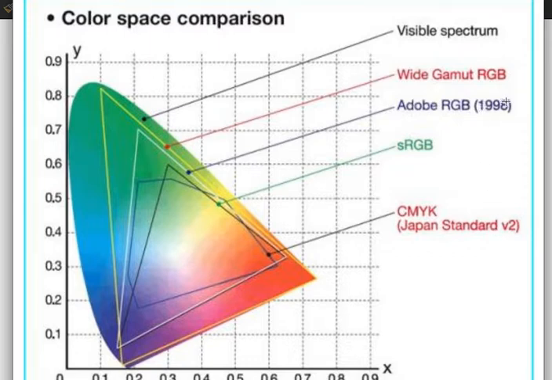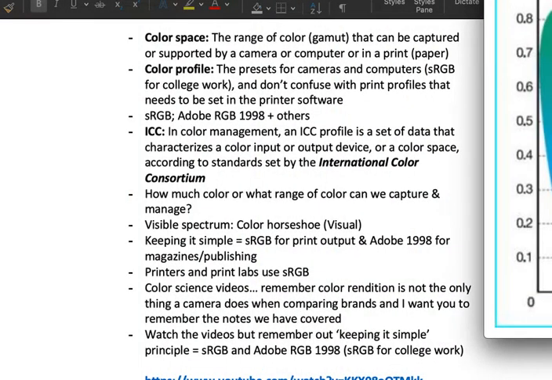Adobe RGB 1998 is a bigger color space than sRGB, standard red, green, and blue, that we can see represented down here. So these are the two that we need to remember: Adobe RGB and standard RGB, and the one that we'll be using in our college work is sRGB.